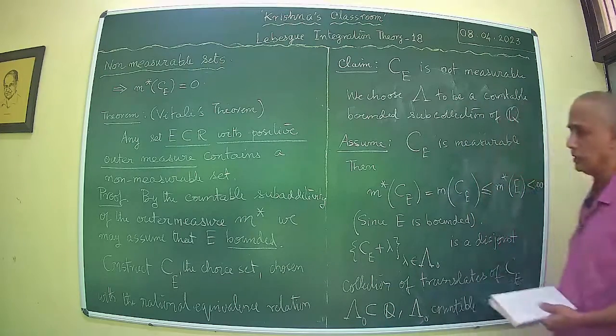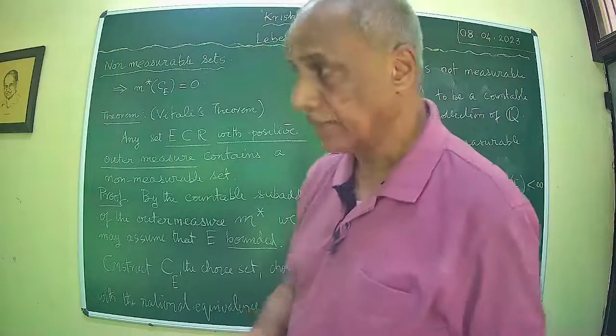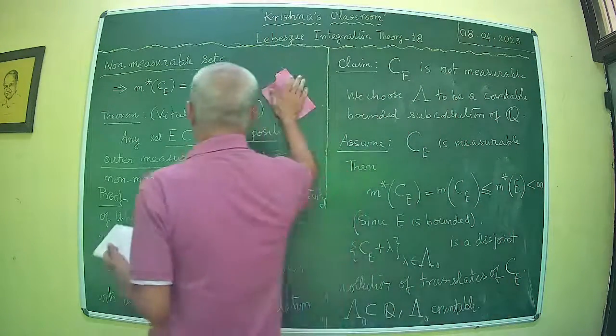For example, lambda naught, you take all rational numbers in a bounded interval. That's the example.